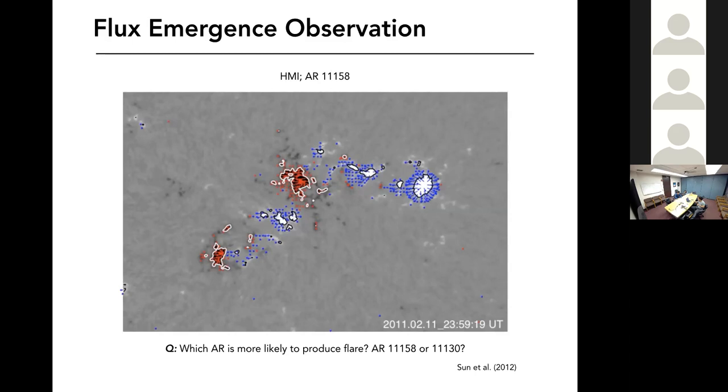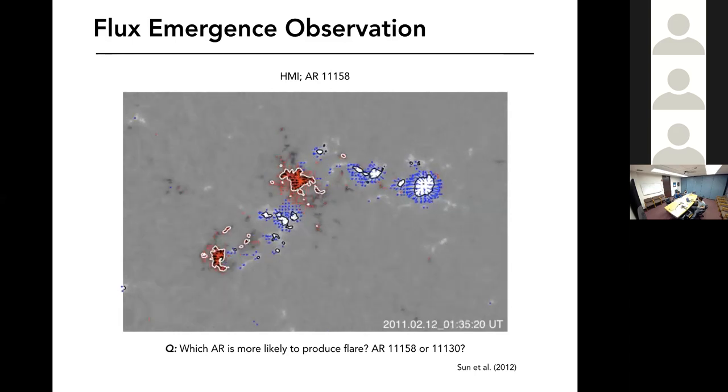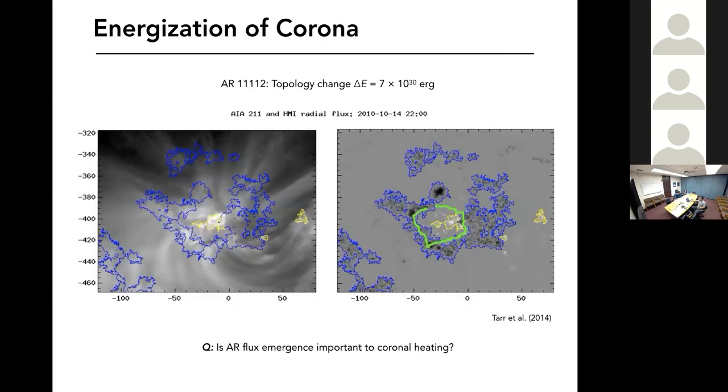All right, very good. So we talked about flux emergence, that's what we observe in the photosphere. Once your flux goes through that surface, once we see those black and white photospheric maps, there's already a lot of flux in the chromosphere and corona.